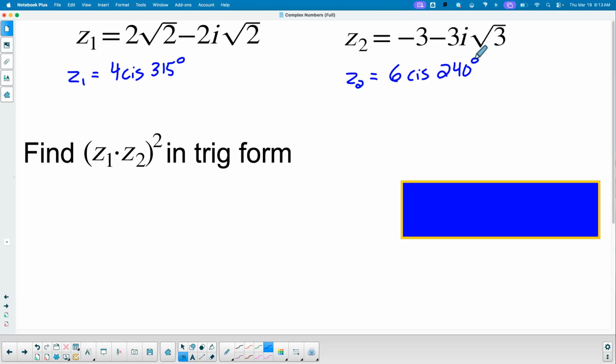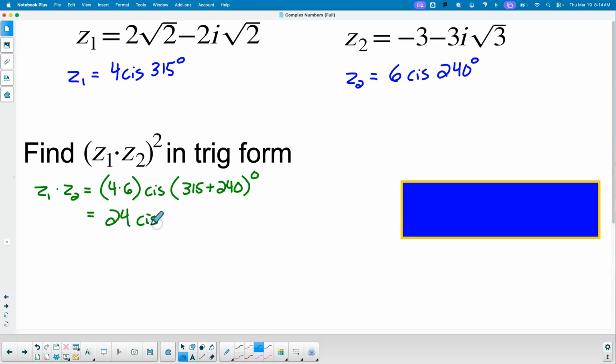So Z sub 1 times Z sub 2 would be 4 times 6 cosine I sine of 315 plus 240 degrees. So that's going to be 24 cosine I sine of 555 degrees.